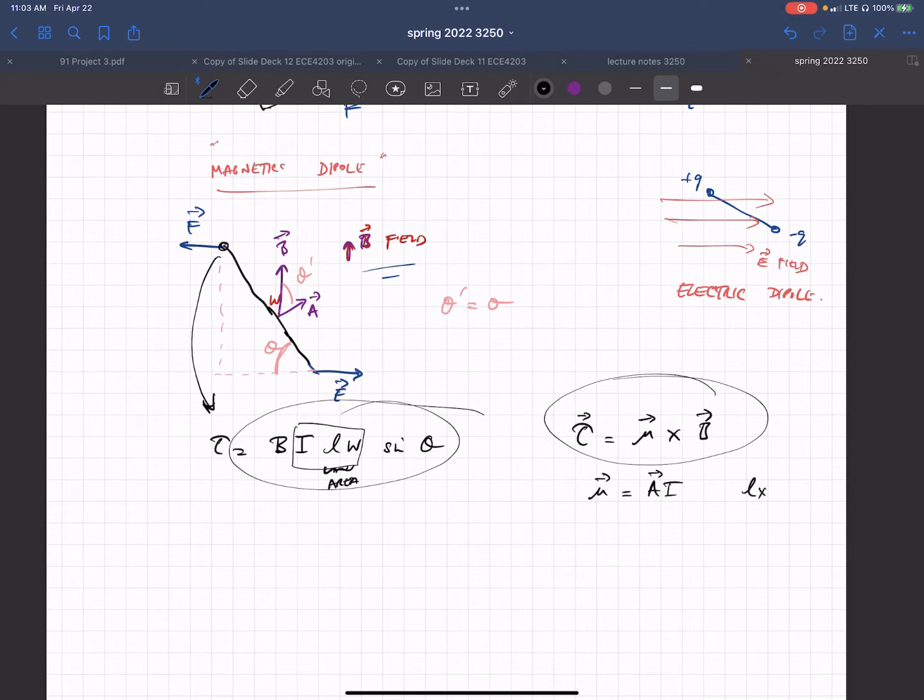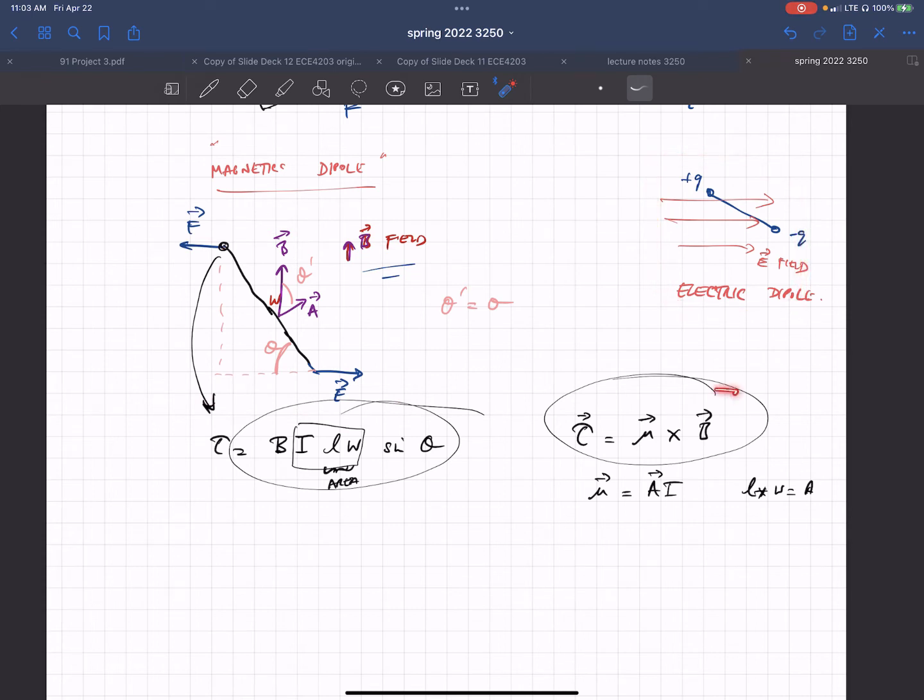Okay, but L times W is equal to the area. And so this is kind of the analogy between the magnetic dipole and the electric dipole.